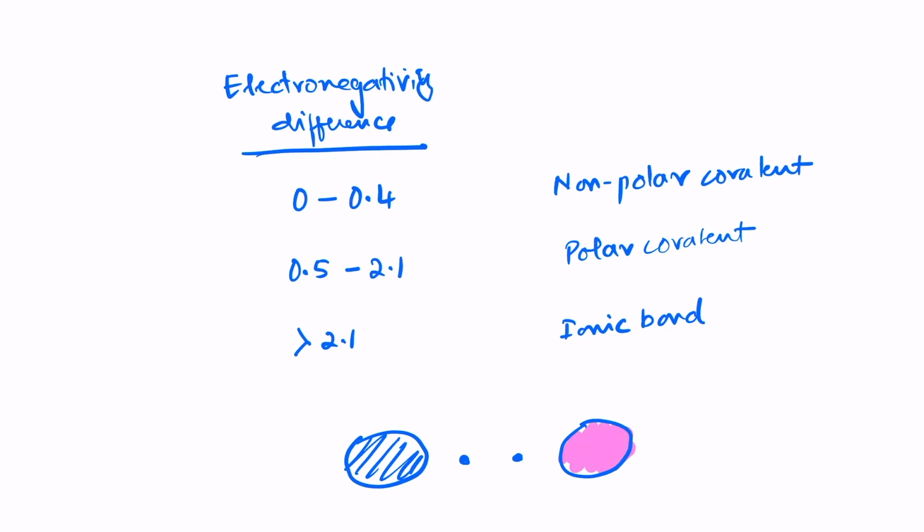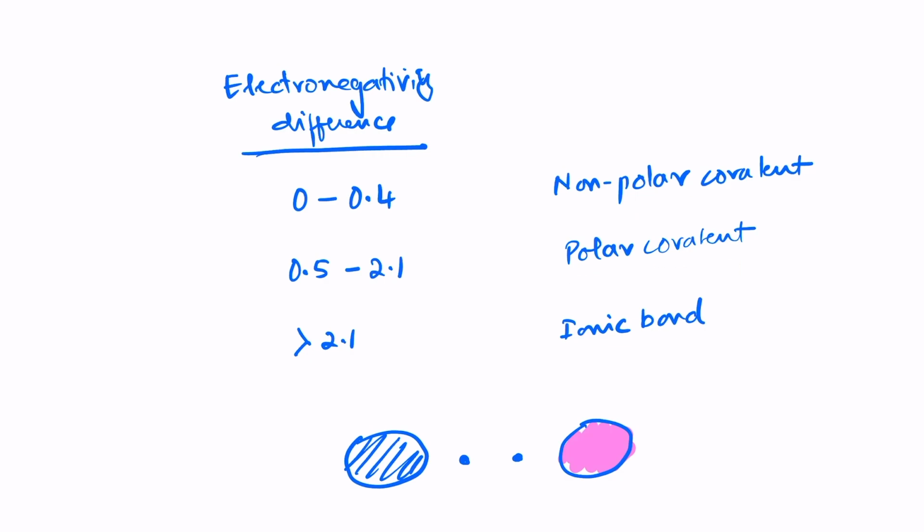If you have this atom and this atom, the electrons are out here. If the electronegativity difference between them is anywhere from 0 to 2.1, then these electrons are shared between these 2 atoms. They may be shared equally, in which case you have a non-polar covalent bond. If they're shared unequally, then you have a polar covalent bond.